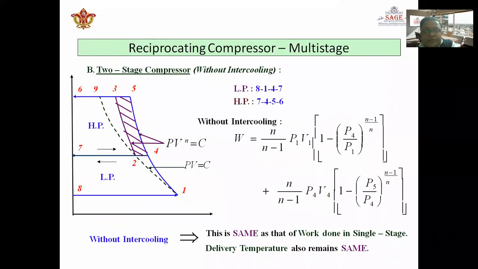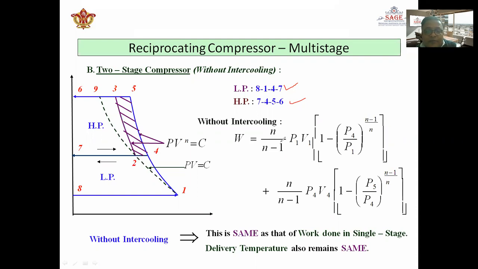This is the two-stage compression without intercooling, and with intercooling it is depicted here. Without intercooling, the low pressure cylinder is 8-1-4-7 and the high pressure is 7-4-5-6, discussed already in the earlier slides.